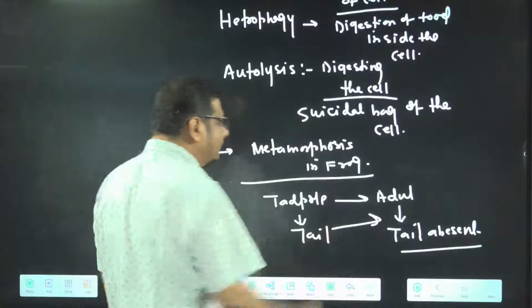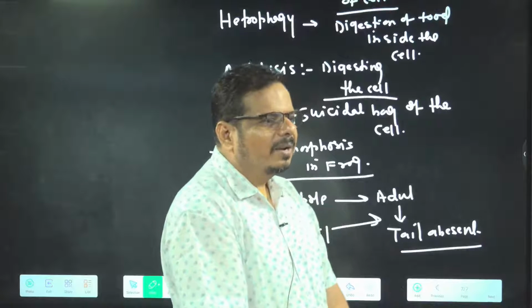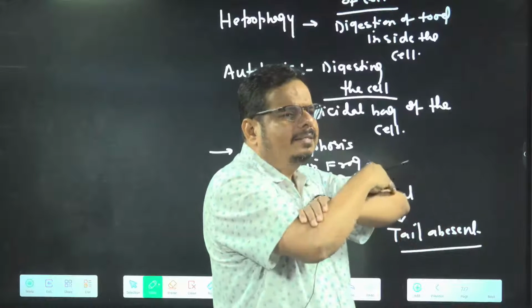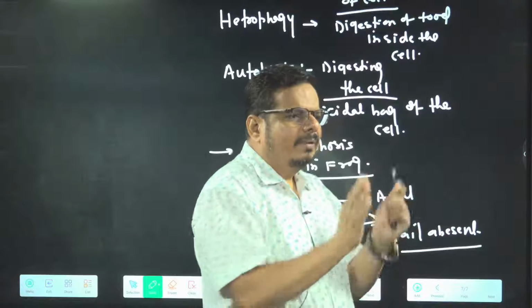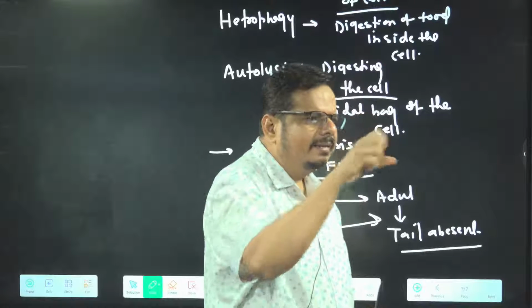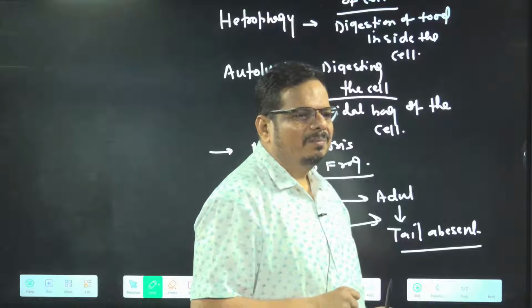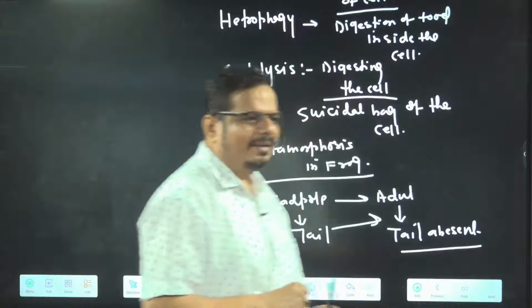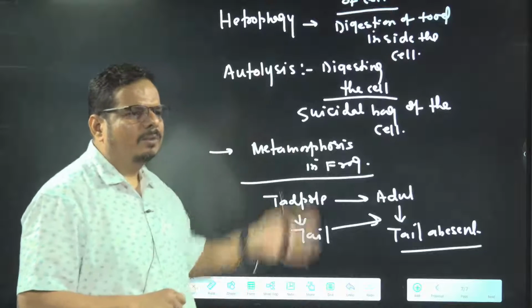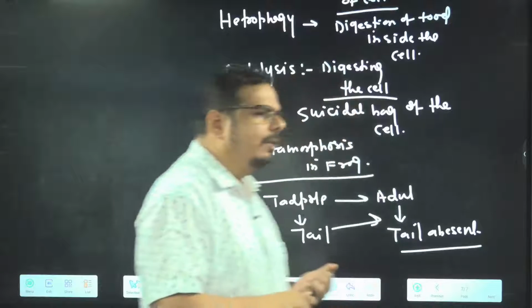So the tail is digested by whom? Lysosome. It is also helping in maintaining the shape of your bone. Whenever bone is going to grow abnormally, they eat that, osteoclast cells. Bone eating cells. You are getting the idea? So these are some of the functions associated with lysosome. Now we are coming to vacuole.